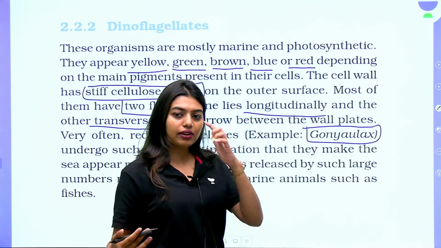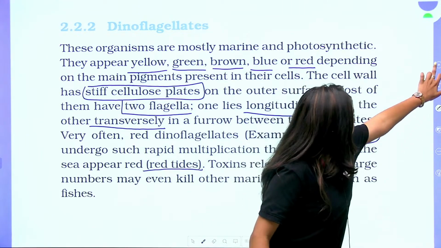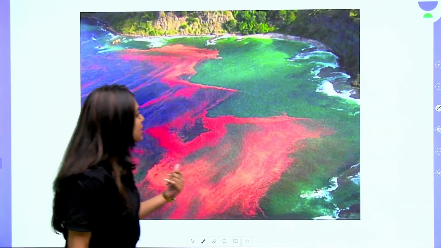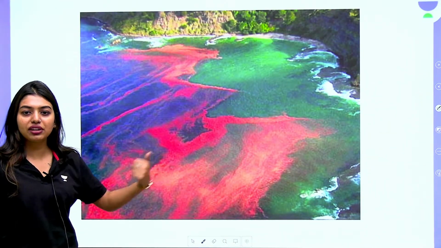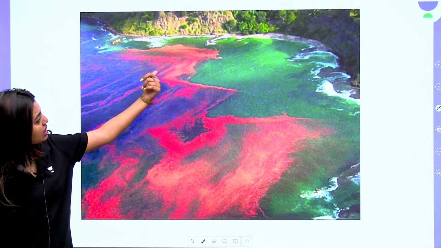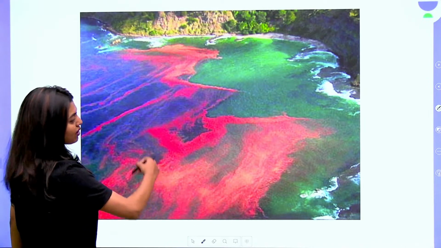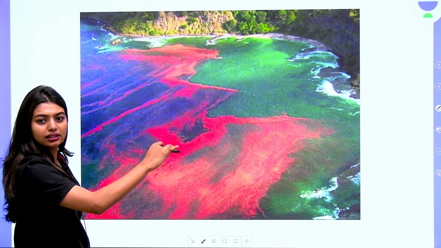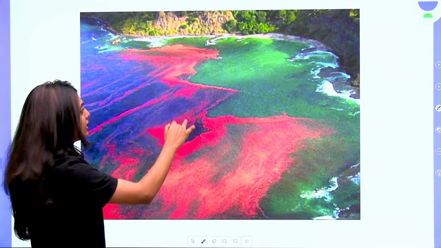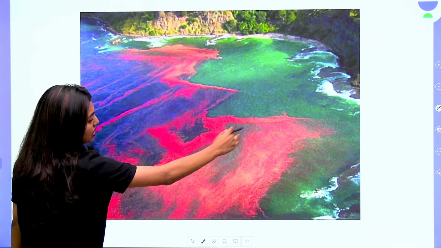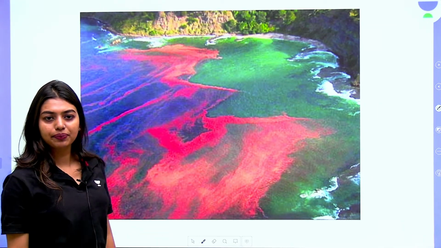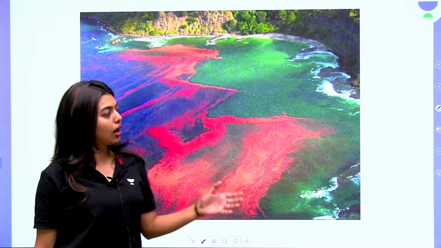Okay. Now, students, this is the image of the Red Sea. Can you see this red color tide here? Can you see how these Goniolax have completely done rapid multiplication? And they have formed these red tides. Can you see the difference?